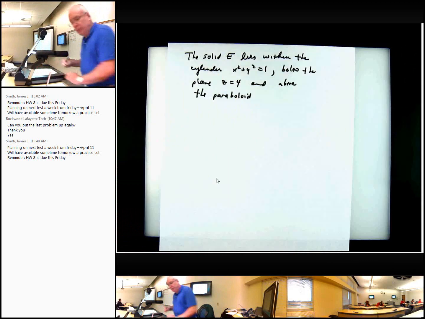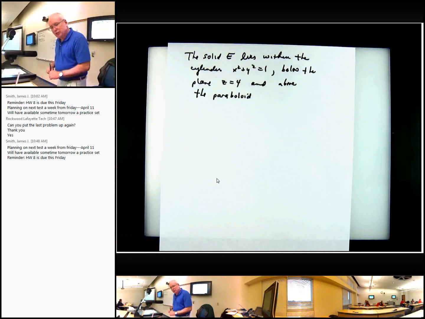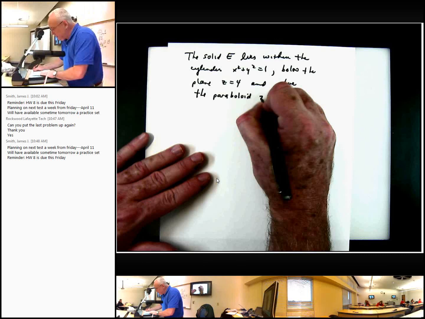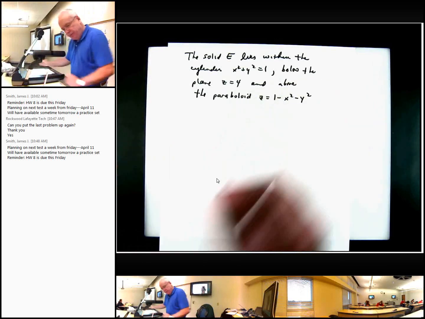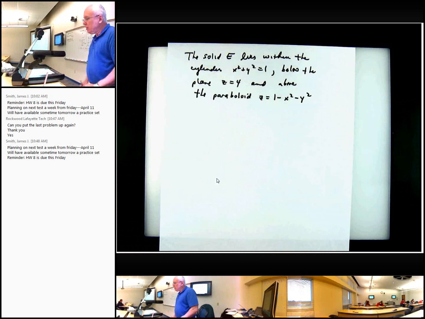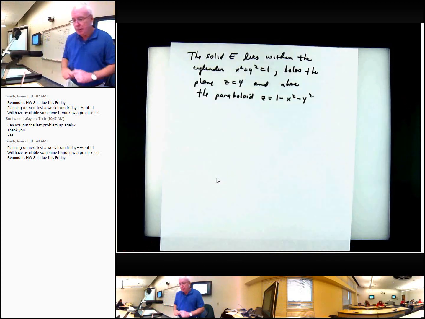Remember all those different surfaces that we had towards the end of last semester. The paraboloid is z equals 1 minus x squared minus y squared. Z equals 4, yes. All right.